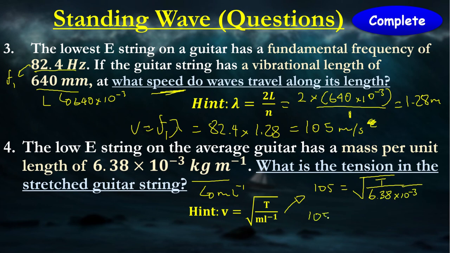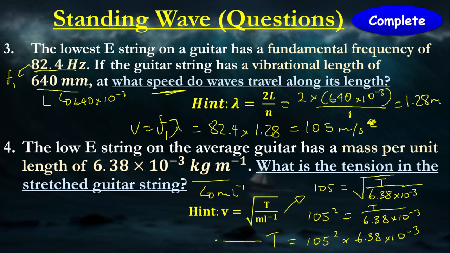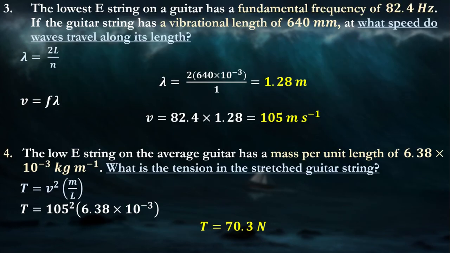So all we need to do is square both sides, 105 squared. Then what I have is 105 squared times 6.38 times 10 to the power of negative 3. That'll be our tension force. So the answer to that, once I put it in my calculator, is 70.3 newtons of tension force there. Okay, so that's how you do that question as well.